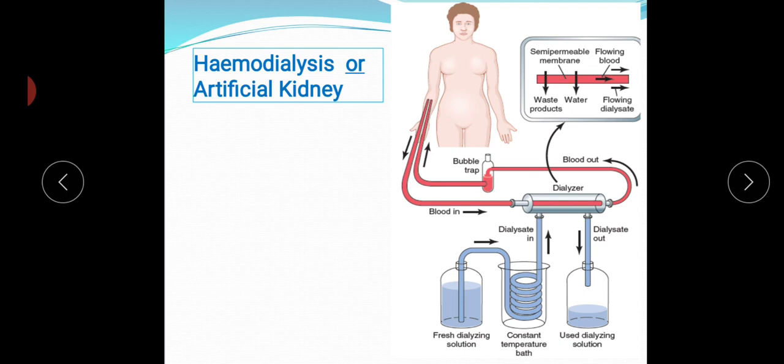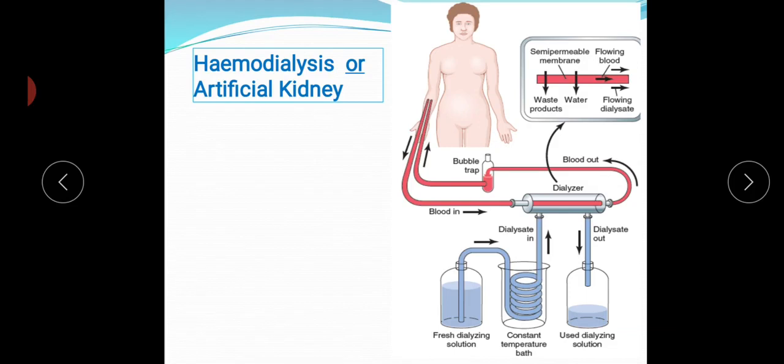The basic principle of dialysis is that the blood is passing through minute channels, through this membrane, and on either side of the membrane there is a dialysing fluid. This dialysing fluid contains a composition that will not have the plasma protein.